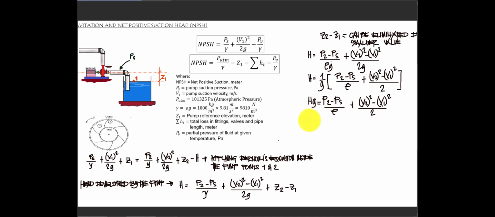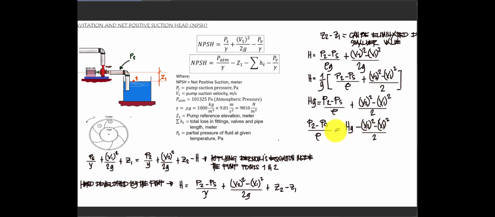And we can express the change in pressure, pressure 2 minus the pressure at the suction, divided by the density, as the head times the gravity minus the velocity 2 squared minus the velocity 1 squared, divided by 2.